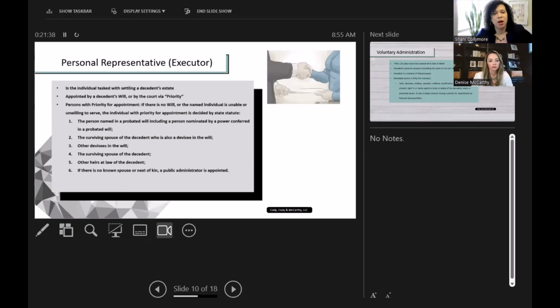So if you don't have a will, you have to go through that list of people with priority to serve before the court will allow somebody else. If somebody passes away without a will and you're a child and not the spouse, you would have to have the spouse, who had priority, step down and agree to let you serve before them.